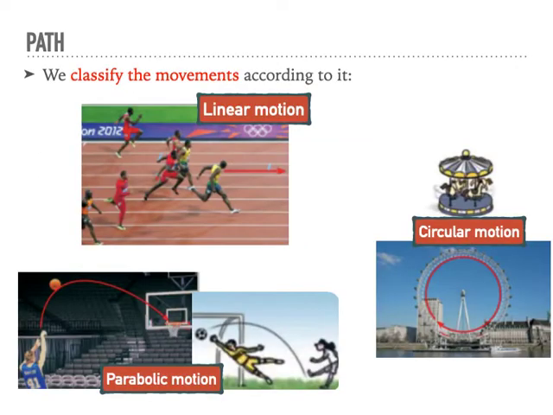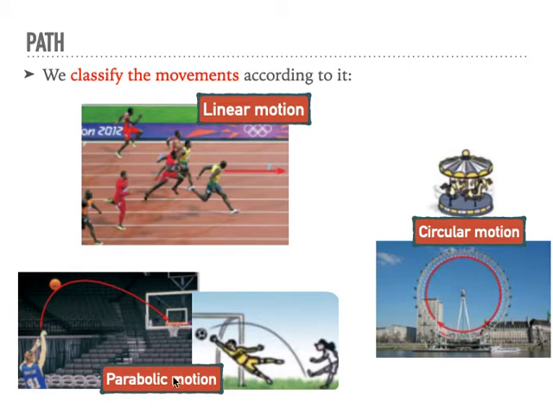That is path. And it's important because we classify the movements according to it. If the path is linear, then we say the motion is linear, so linear motion. If the path is a parabola, then we say it's parabolic motion, and it's always when we are shooting something, that's always a parabolic motion.